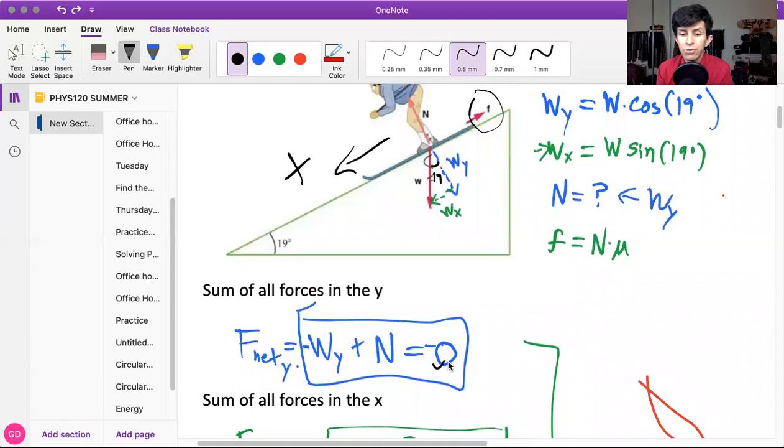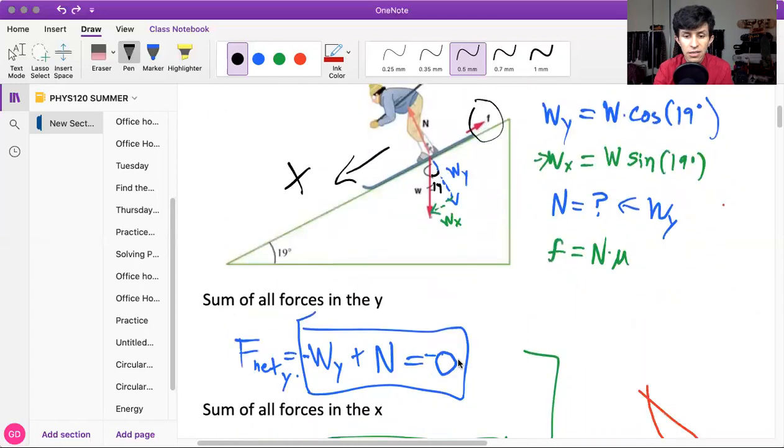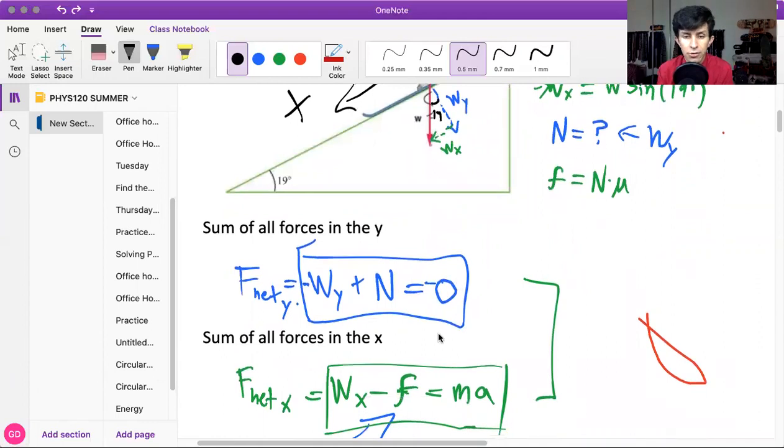And all of that is equal to 0 because, of course, there is no acceleration in the Y direction. The way you want to think about it is just isolate the axis. If the skier goes up or down, then there's motion, so then there would be acceleration. But in this case, there isn't because the skier doesn't go up or down. It stays on that same plane, doesn't go up or lower with respect to that plane that the skier is going down. So 0.